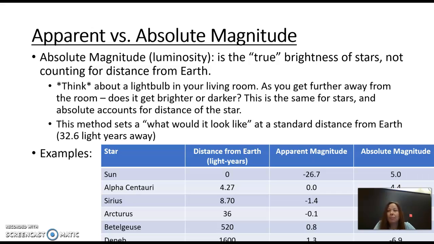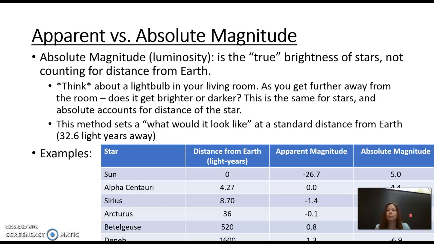When we talk about absolute magnitude or luminosity, it's the actual true brightness of the stars, not counting the distance from Earth. It's like if we set it at a standard distance, like a light bulb 10 feet in front of me, how bright would it be? Even if that light bulb is in a house down the road, it's got a brightness to it. You can also think of a light bulb in your living room.